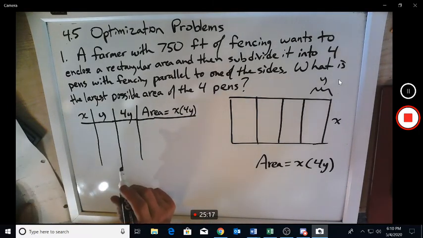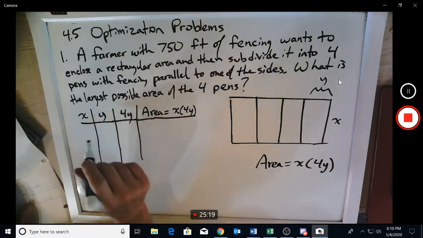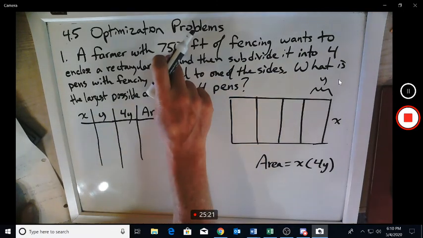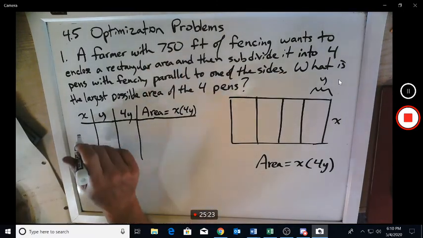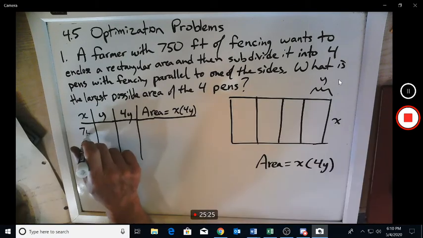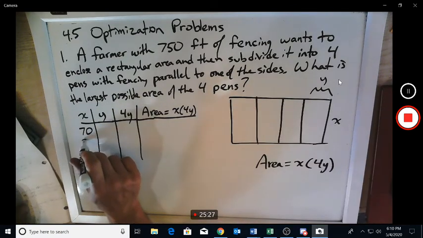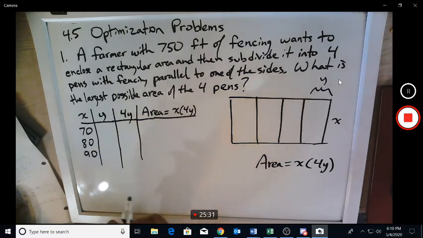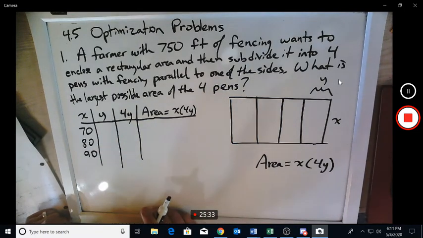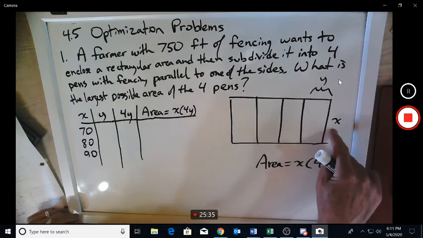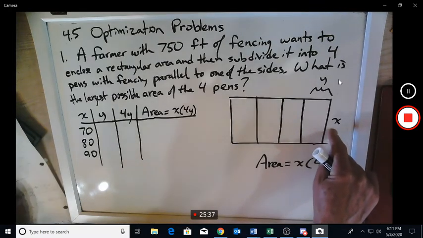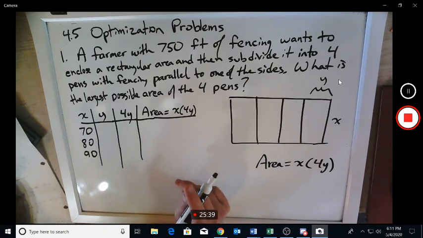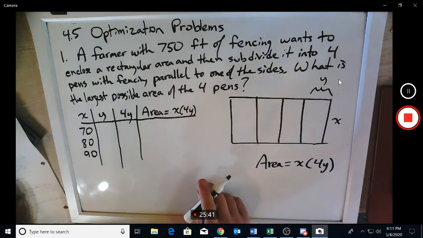And suppose I had some possibilities for 750 feet. I just listed a few, like if I did 70, 80, 90 feet. If x was 70, then you'd have to take a little equation.